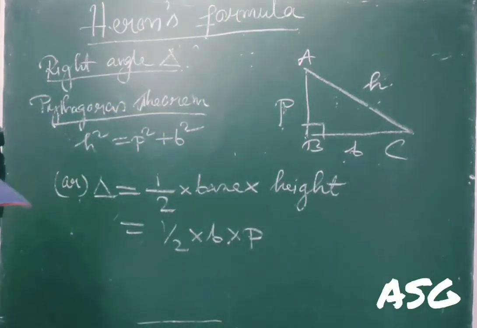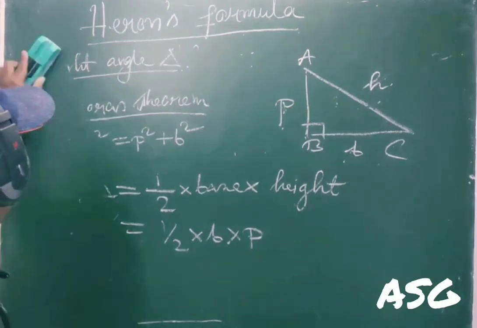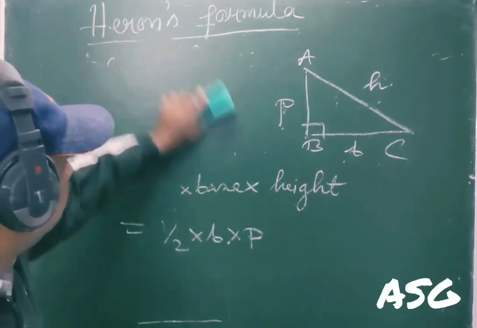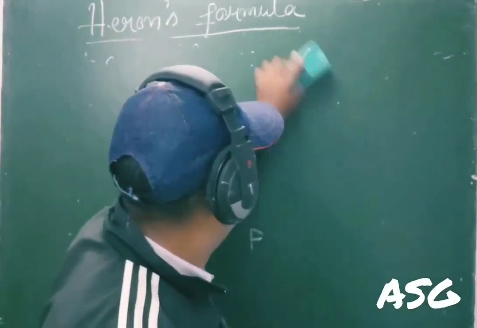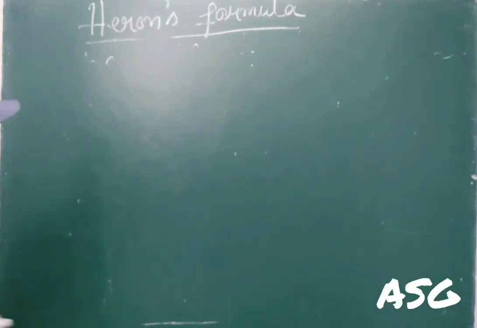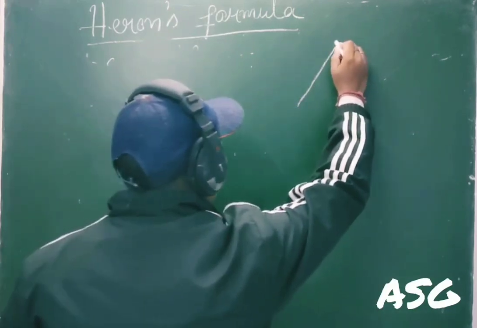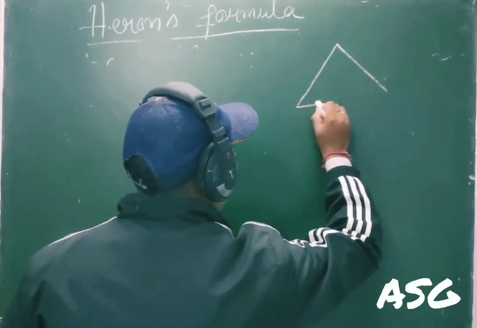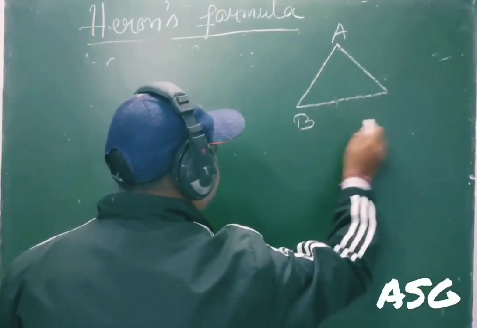So next we will come to Heron's formula. Let us see what Heron's formula says. Heron's formula gives the area of a triangle where the measure of each side is given, a, b, c.